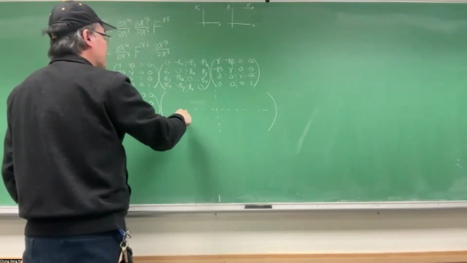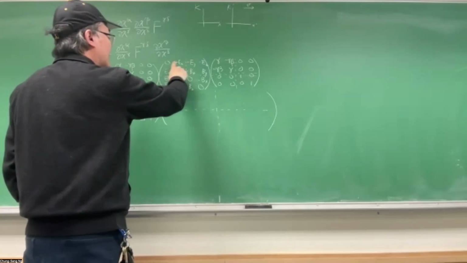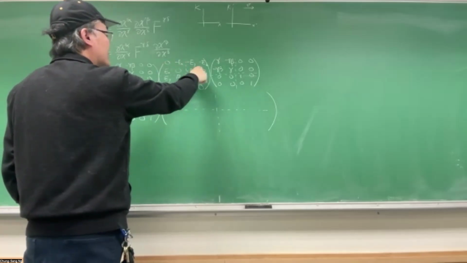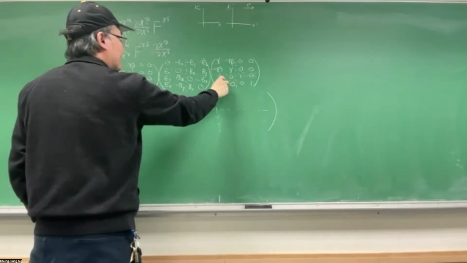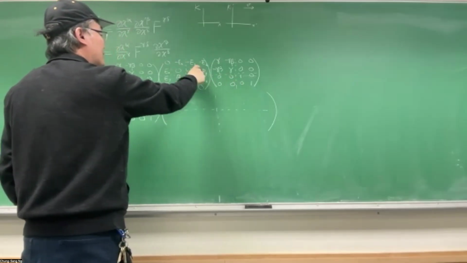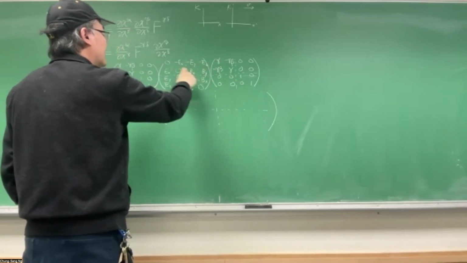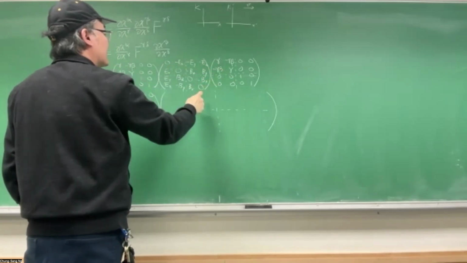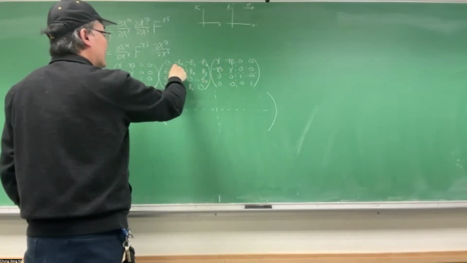So you only have three elements, and this times that is obviously zero because this matrix is zero. So you don't have to worry about this times that. Just this times that, right? So yeah, the four elements.